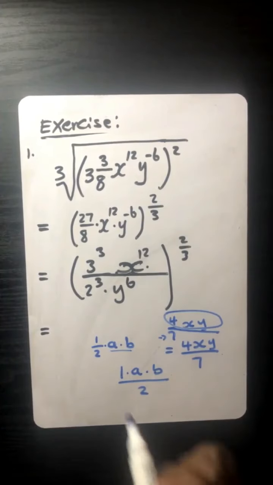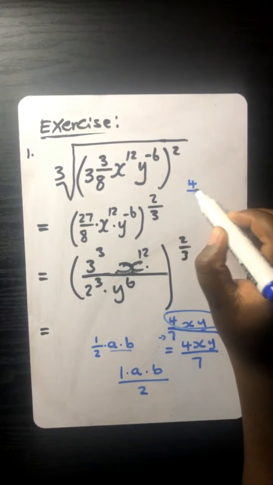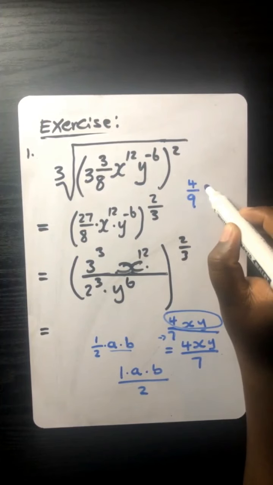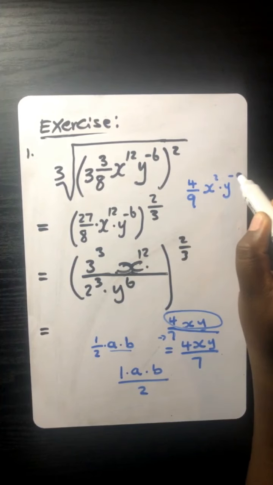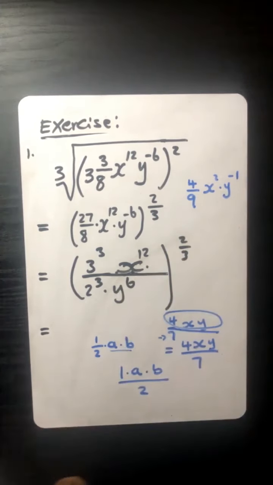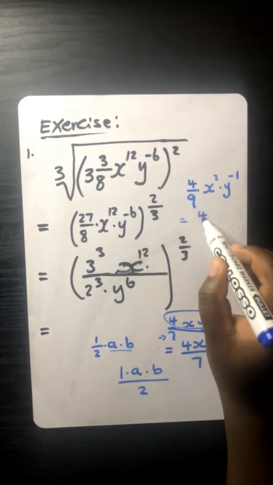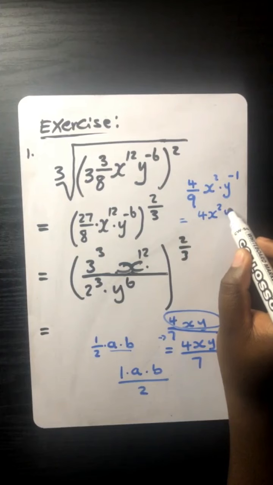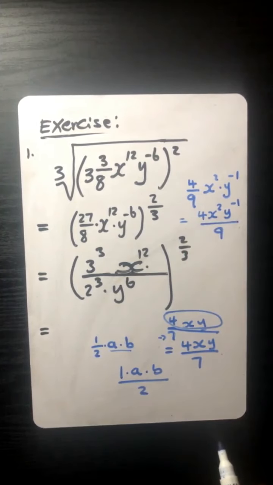But now in this case, remember, we have 4 over 9, we've got x squared multiplied by y to the exponent -1. So this is the same as 4x squared y to the exponent -1, all over 9. That 9 divides everything.